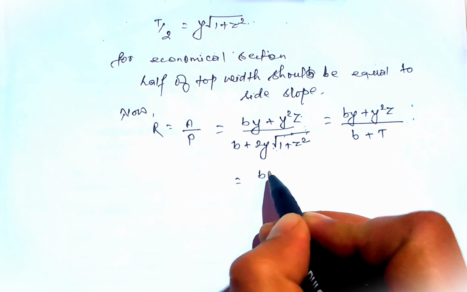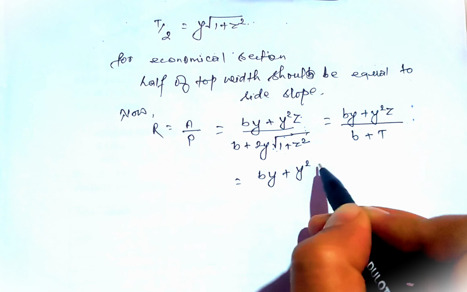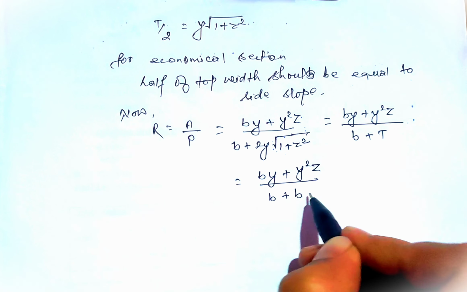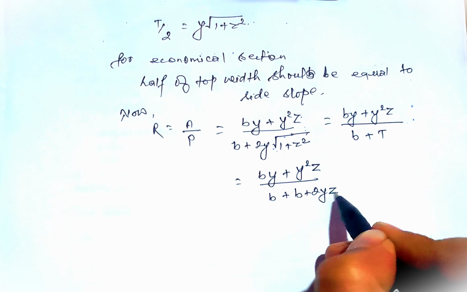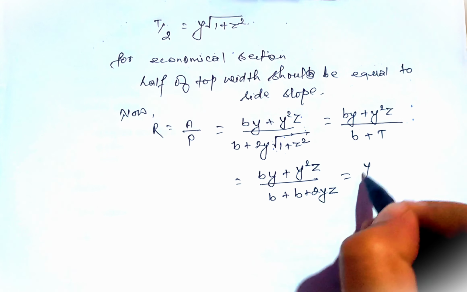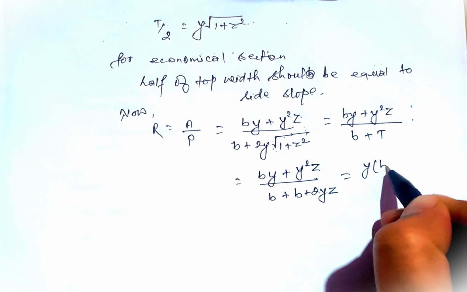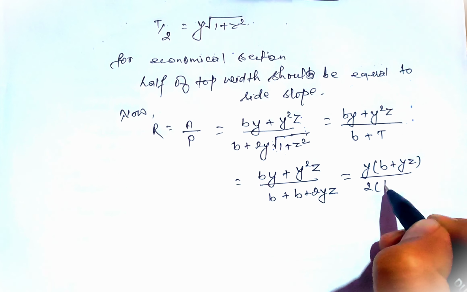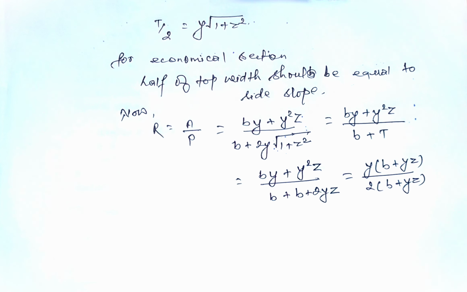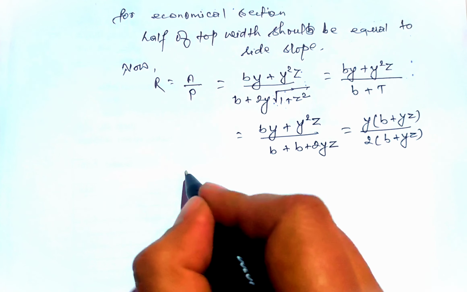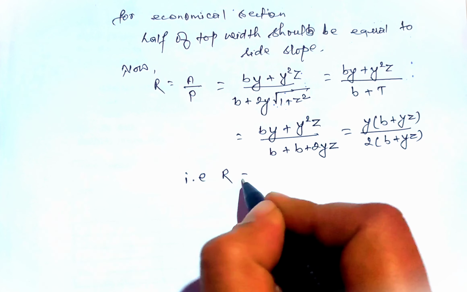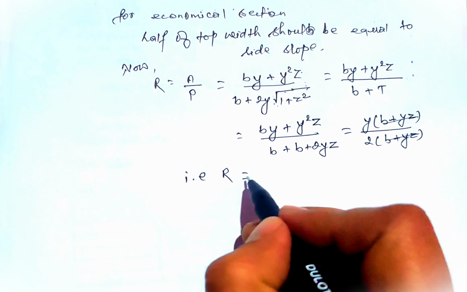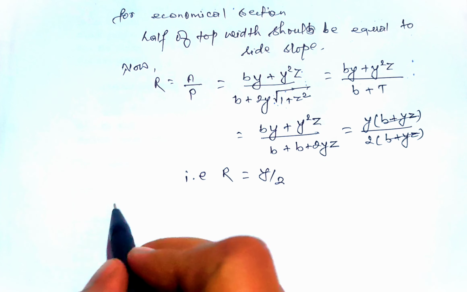Further, this can be written as y times b plus yz divided by twice of b plus yz. That is, hydraulic radius R equals y by 2.